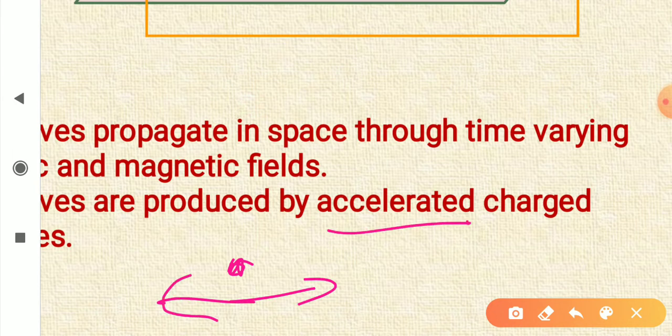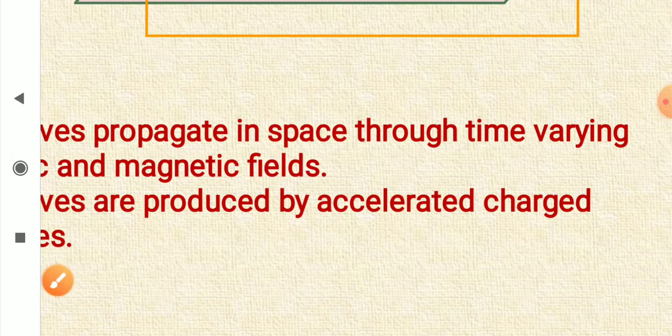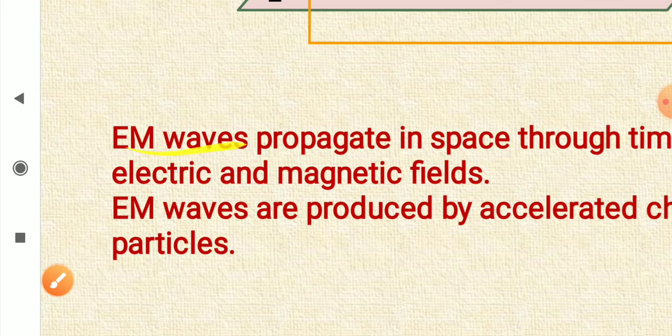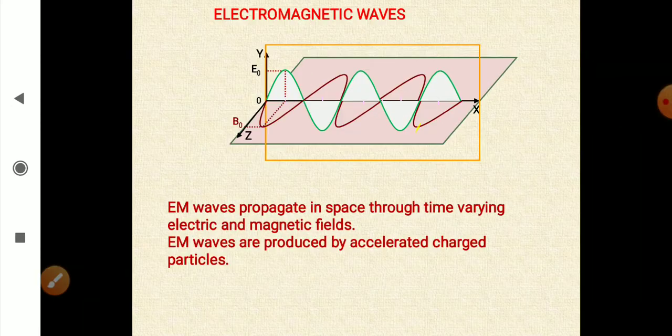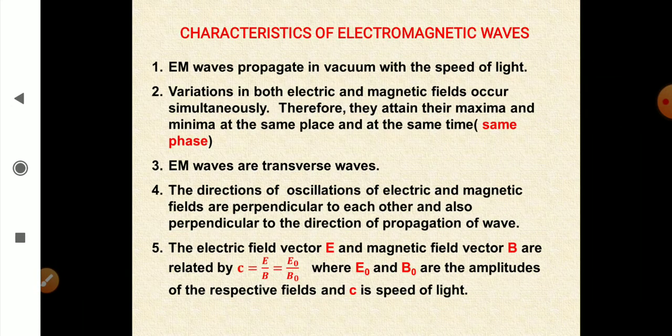So this oscillating charge, it can be positive or negative, whatever charge, will produce oscillating electric field, which in turn will produce oscillating magnetic field, and they will keep on producing each other. So in this way, EM waves are produced and which propagate in space.